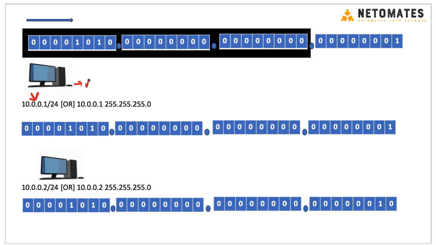Let's call them computer A and computer B. When we configure, we need to give two values. One is the IP address we want to give for computer A and its subnet mask, or group. Similarly, we give 10.0.0.2 for computer B and its subnet mask. So let's see how the computer will understand this subnet mask value.